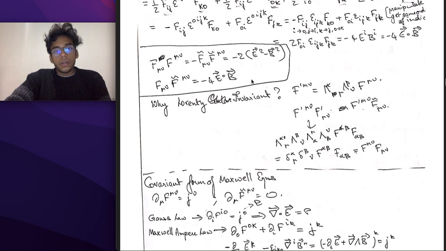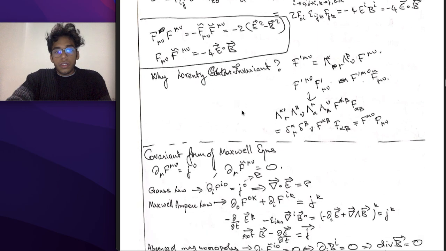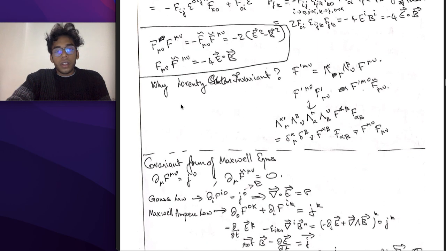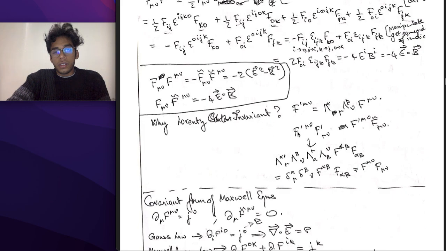Now, why are these two quantities Lorentz invariant? Coming back to the language of the lambdas, as I told you, it's something very simple, but also something super interesting. You wonder what is so interesting about this.